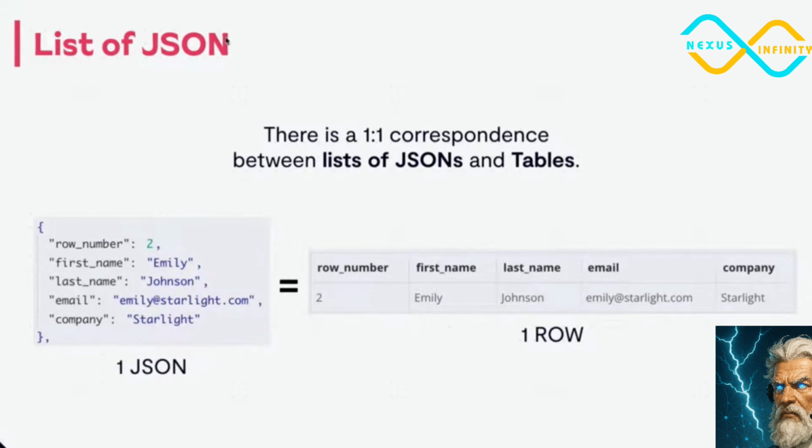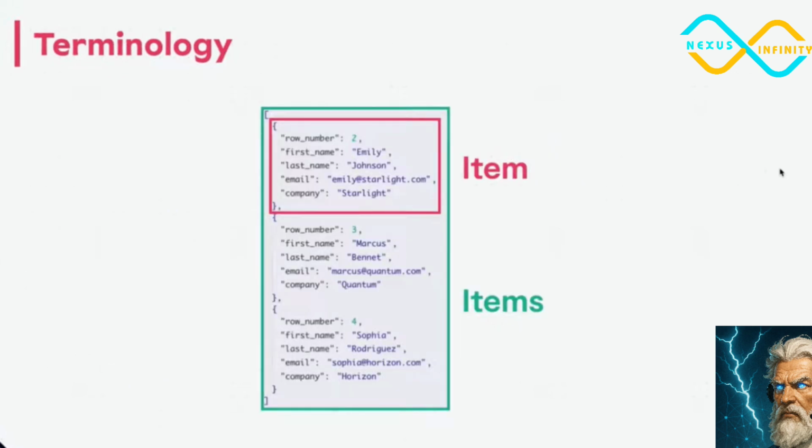Here, when we have a list of JSONs, we can see that Emily, first name Emily, last name Johnson, email, and her email fits very well into the row format, where the different keys are the different columns of our table. So we can imagine that if we have a list of 3 JSONs, then we have an equivalent table with 3 different rows, each one with the values of the corresponding row.